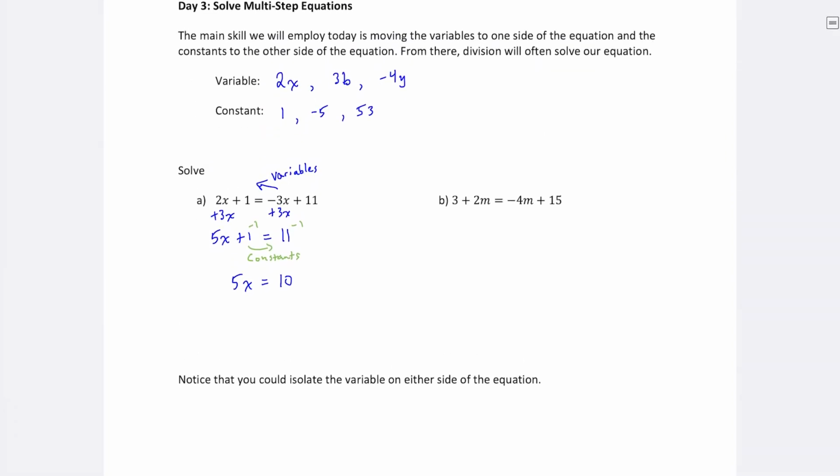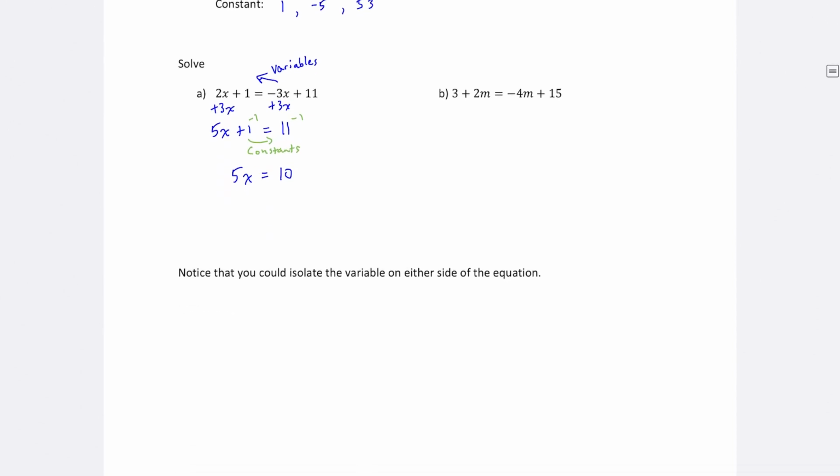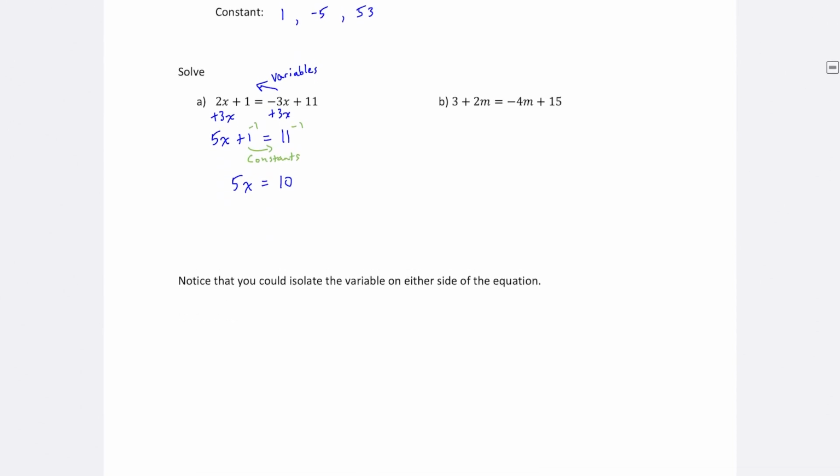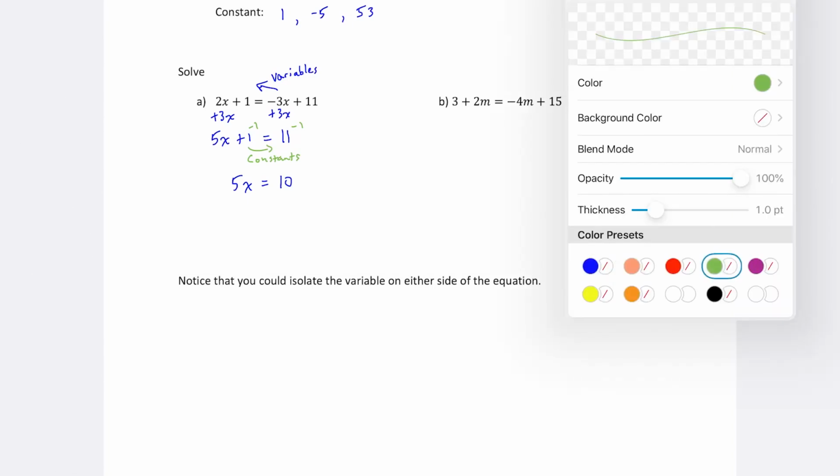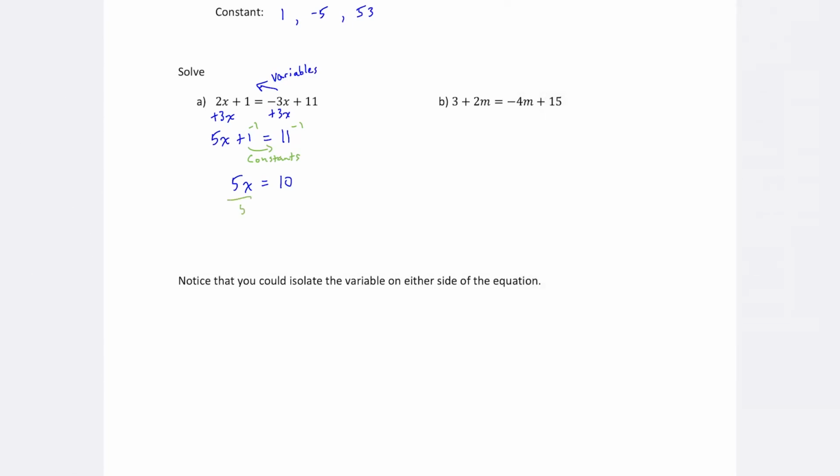So at this point, we now have the variables on the left side and the constant on the right side, and so we can use division to solve this. So x is being multiplied by 5, so the opposite of multiplying by 5 is dividing by 5. And now we have x, because 5x divided by 5 is just x, is equal to 10 divided by 5, which is 2.